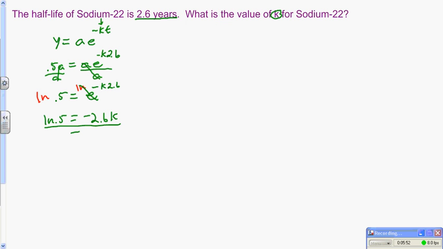Divide both sides by negative 2.6, and K will be ln 0.5 divided by negative 2.6. So K is equal to 0.2666 if we go to 4 decimal places.